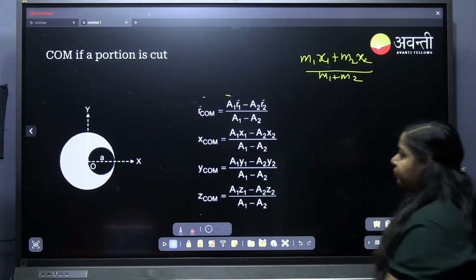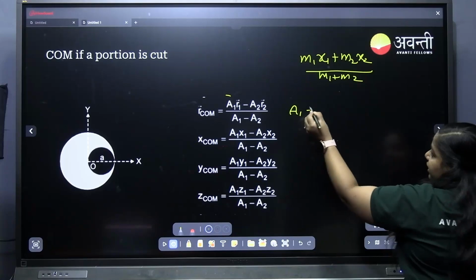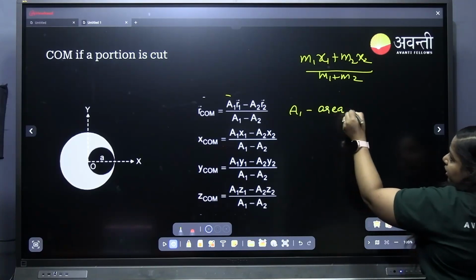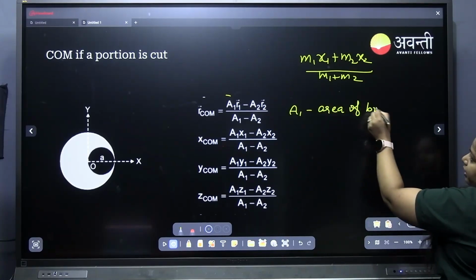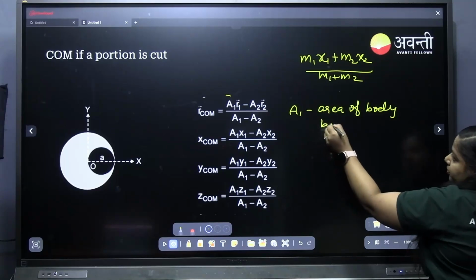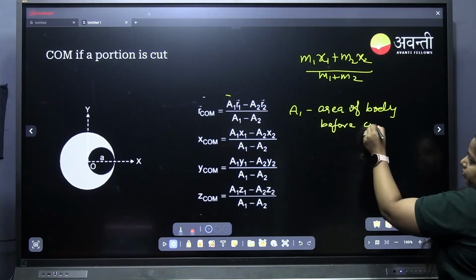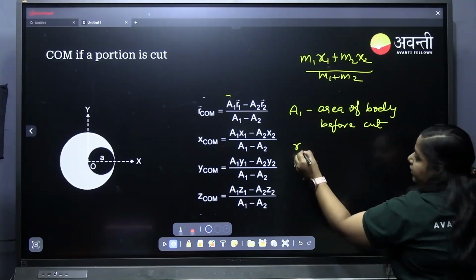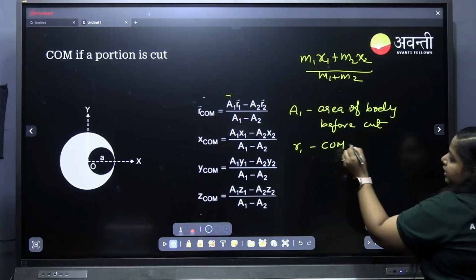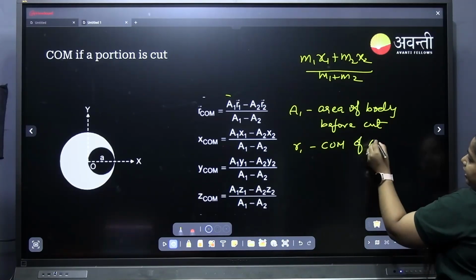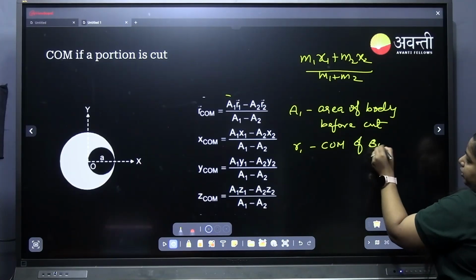Is it clear? Write down. A1 is area of body before cut. R1 is center of mass of body before cut.